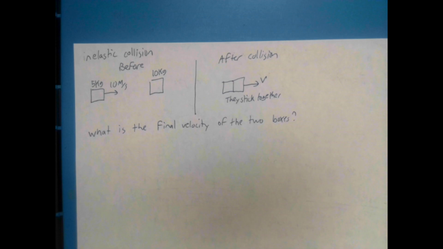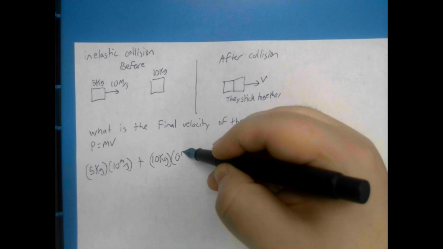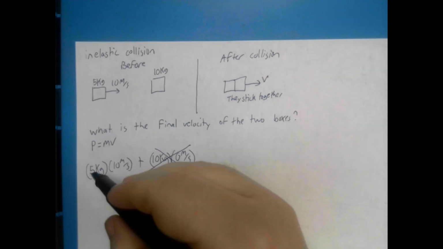So we have 5 kilograms times 10 meters per second plus 10 kilograms times 0 meters per second. The 0 times 10 cancels out. 5 times 10 is 50 kilogram meters per second.